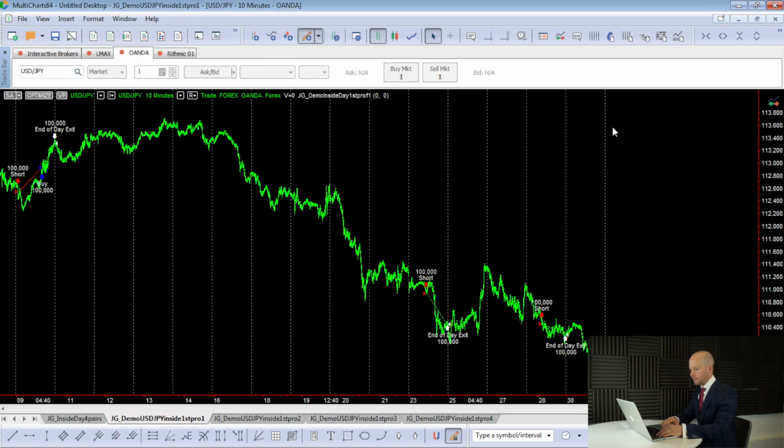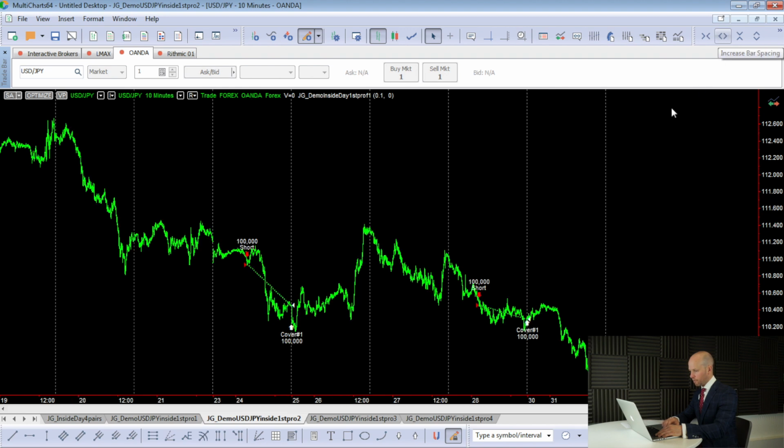Next, let's have a look at the modified strategy. Now we're looking at the bailout exit. You can see that on these same trades, we're exiting at the end of the day because they're in profit. The green dotted line shows that we are actually in profit, so we're just getting out of the trade.